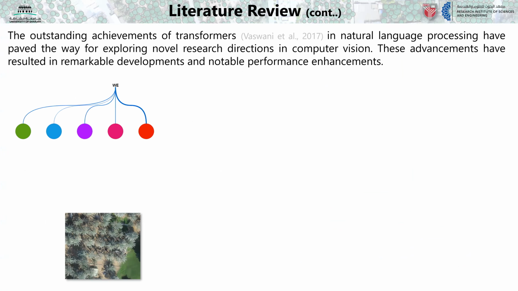In the past few years, I think we have all heard about transformers. The success of transformers in natural language processing has opened new research avenues in the area of computer vision. The primary driving force behind the development of transformers in natural language processing was to enable parallel processing of words within a sentence, as you can see in this image on the left, which was not feasible in recurrent neural networks or LSTMs, as they process words sequentially, one at a time.